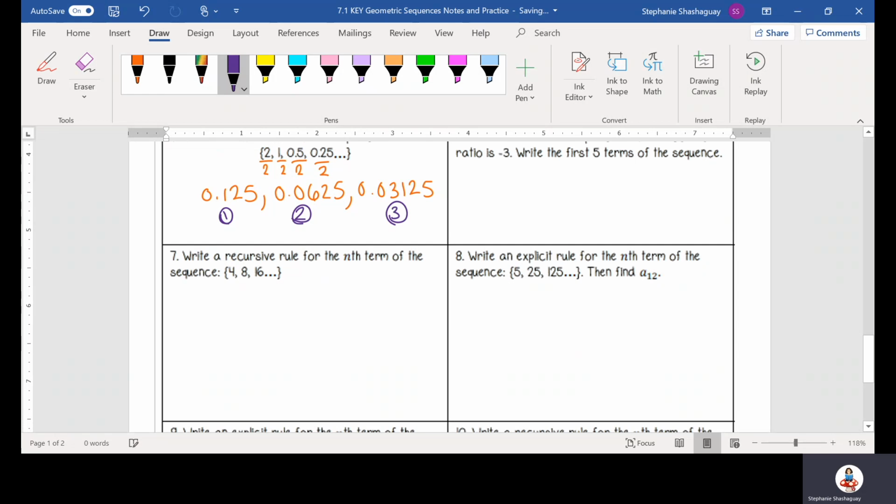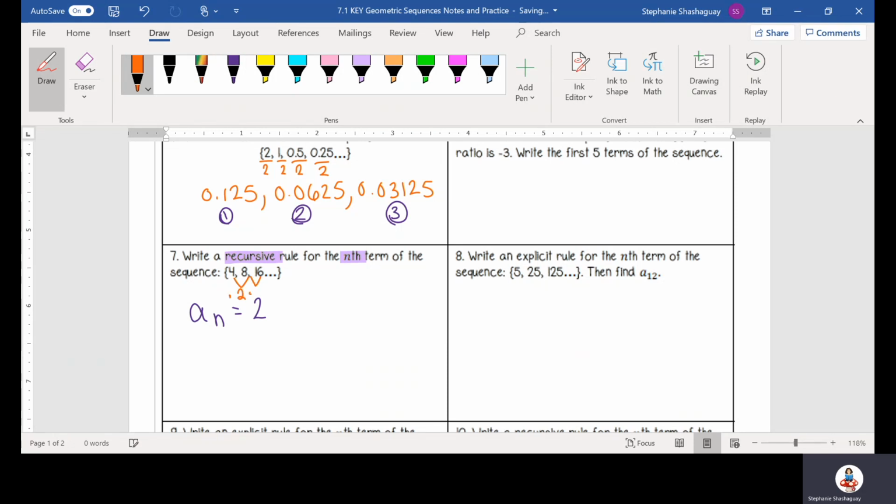Number 7, write a recursive rule. Again, we're looking at the recursive rule for the nth term of the sequence 4, 8, 16. So they didn't give us the term, so we're just going to write it as a sub n is equal to 2. How do I know it's 2? Well, to go from 4 to 8, I multiplied by 2.